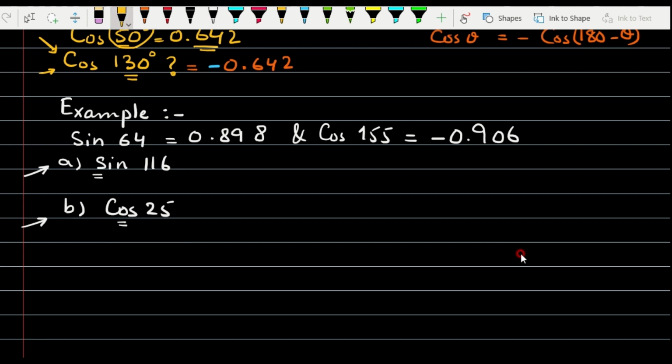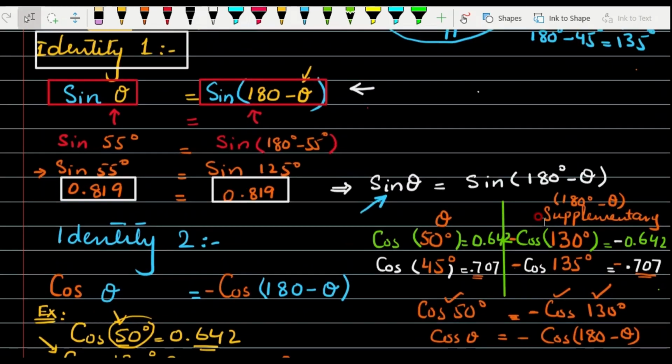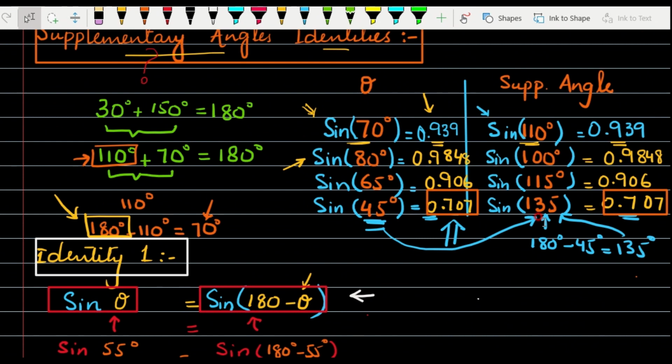So you can just observe 116 is a supplementary angle of 64. So they both are equal, the both values are equal. Just move back to example 1. As I told you, in the first identity, the both angles will be same, meaning the answer of sine theta and the sine of supplementary angle will be same.